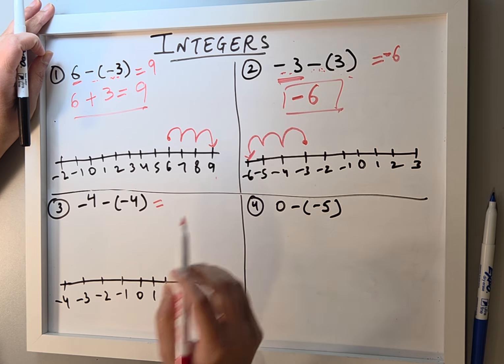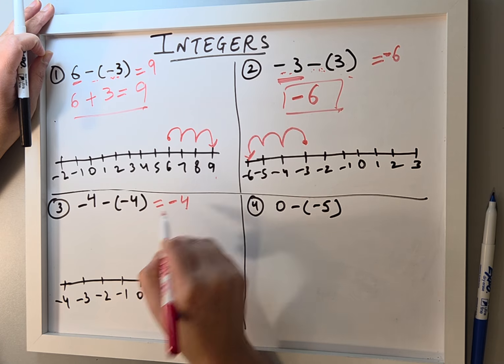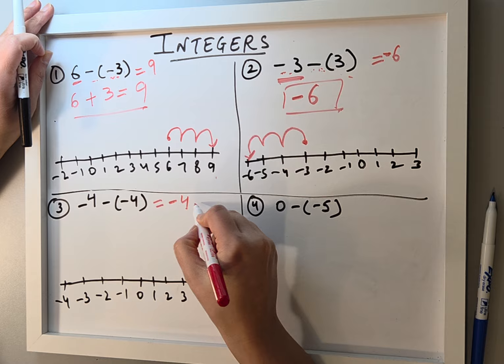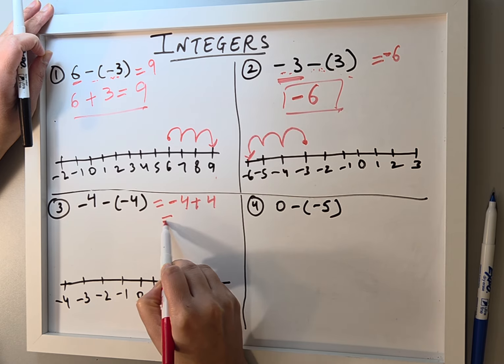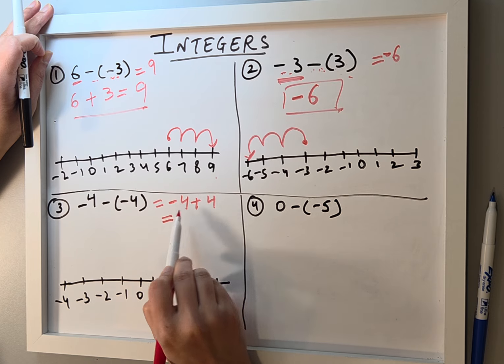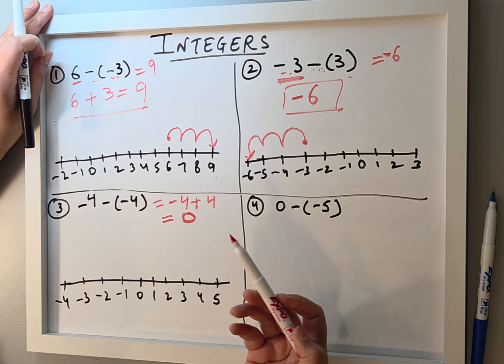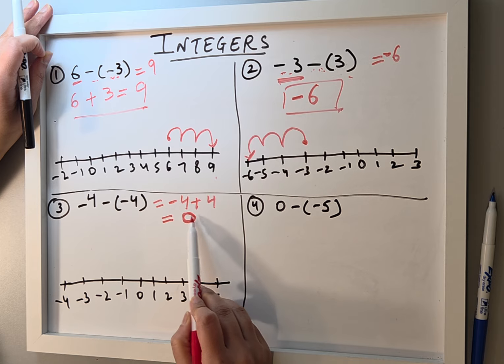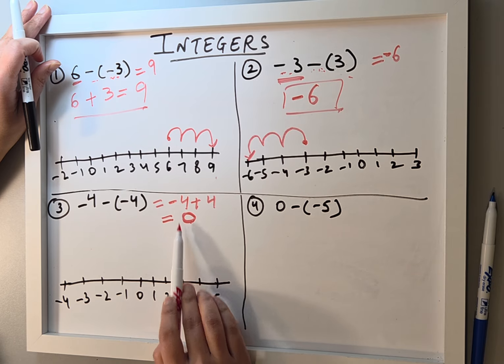Let's try to solve with the rule first. So we have minus 4 and then minus minus becomes plus and then we have plus 4. And whenever there is minus and plus, what do we have to do? Minus. So 4 minus 4 is 0. And with 0, we don't have to put any sign, because it's neutral, not positive, not negative. Okay, so we get 0.